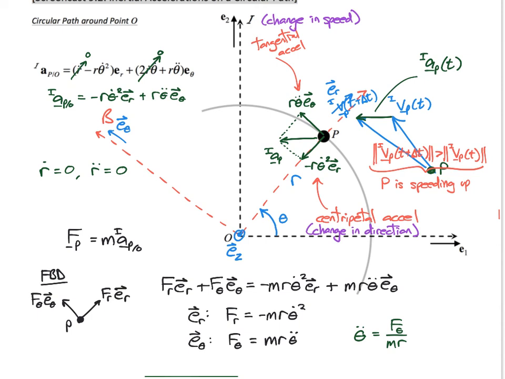But now let's approach this as if we're actually sitting inside the car and we're going around the circle. Now, we're going to be in a non-inertial reference frame. And we know that because even if we're going at a single speed around the curve, which means that we wouldn't have a tangential acceleration, because we're going around a curve, we still have a centripetal acceleration, which means that we're non-inertial, we're accelerating.